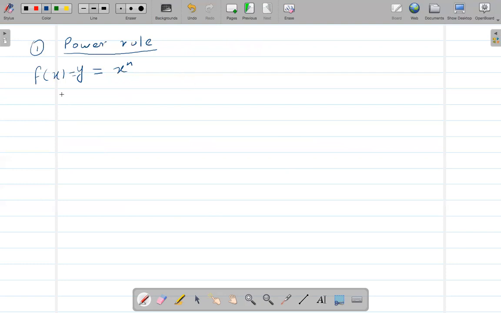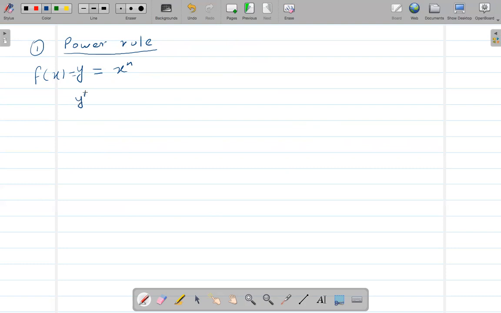Now, taking the derivative, x is the variable, and n on the top will be some number. The derivative we can write as y with a 1 on the power. This means y prime.